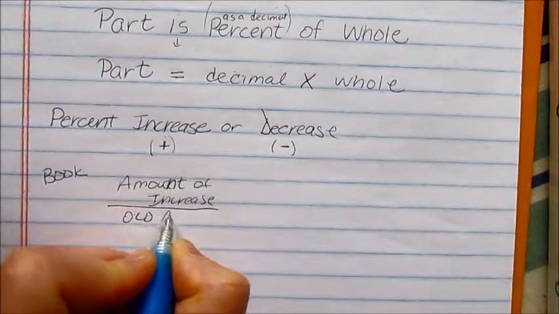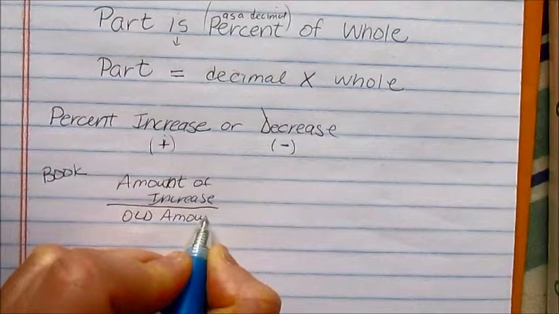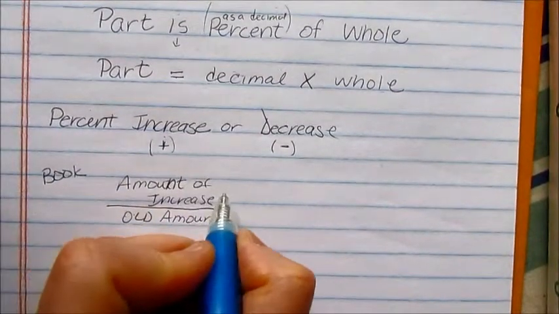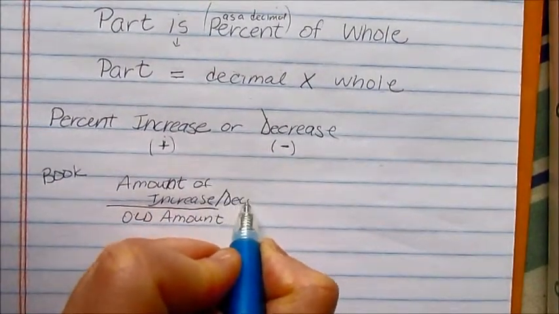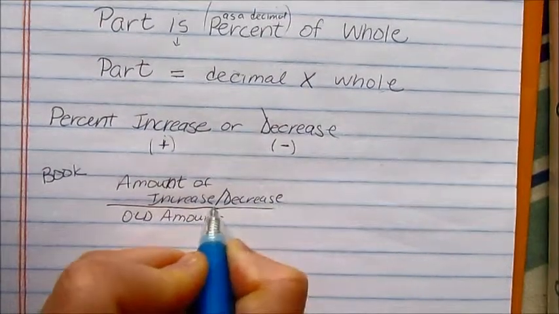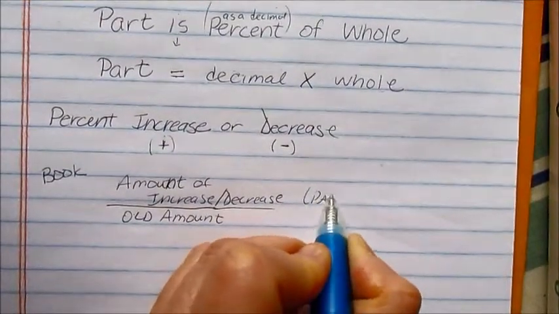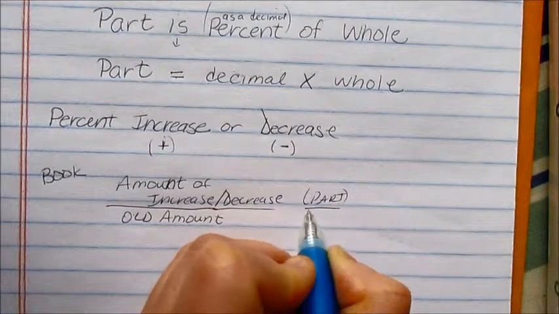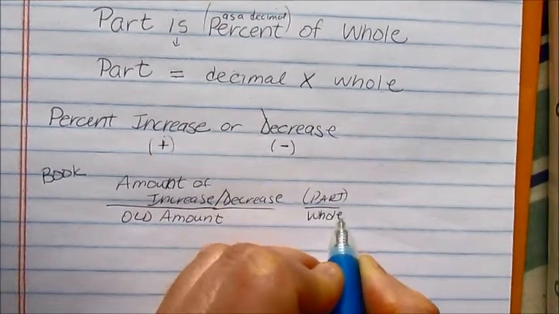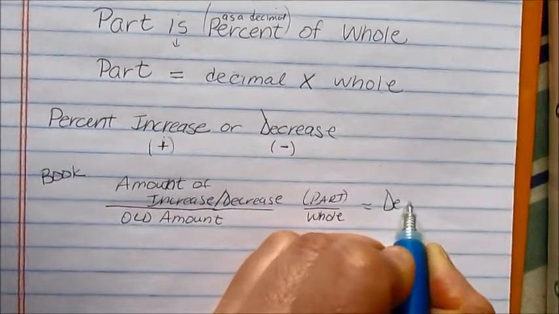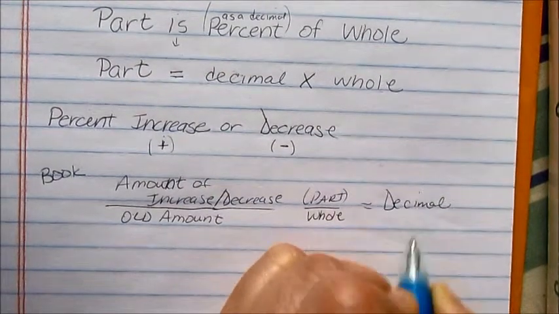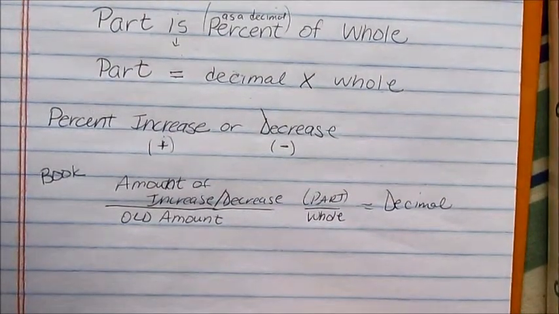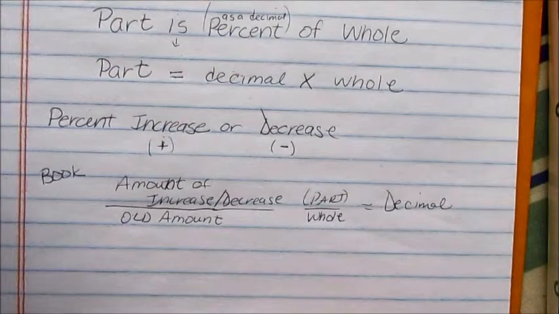I'll call it old amount. You can also decrease. So this is part over whole, which is going to be equal to your decimal percent. That's your percent of increase or decrease.